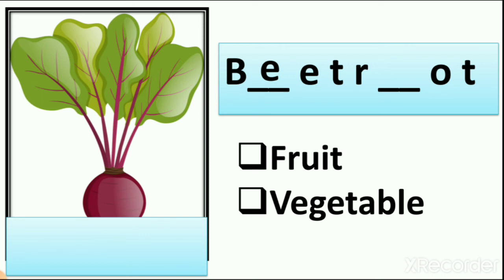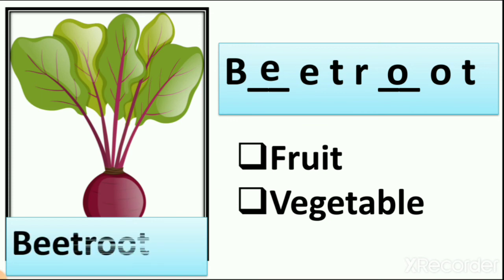Which is missing? Yes, O. So the spelling of beetroot is B double E T R double O T. So let's write here the whole spelling, B double E T R double O T, beetroot.